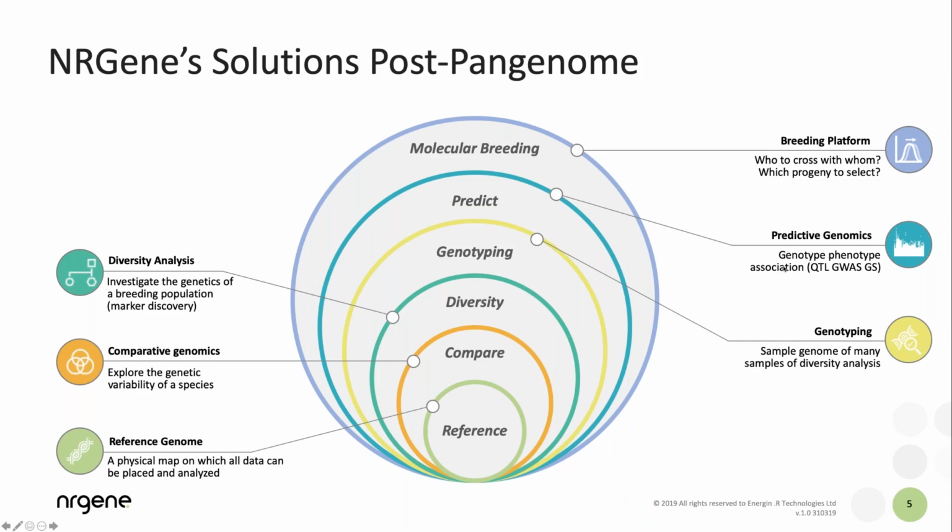We all want to get to a place where we can do predictive genomics, genotype analysis, QTLs, GWAS, genotypic selection, genomic selection, and molecular breeding platforms. All of these are post-genome technology solutions post creation of the pangenome.